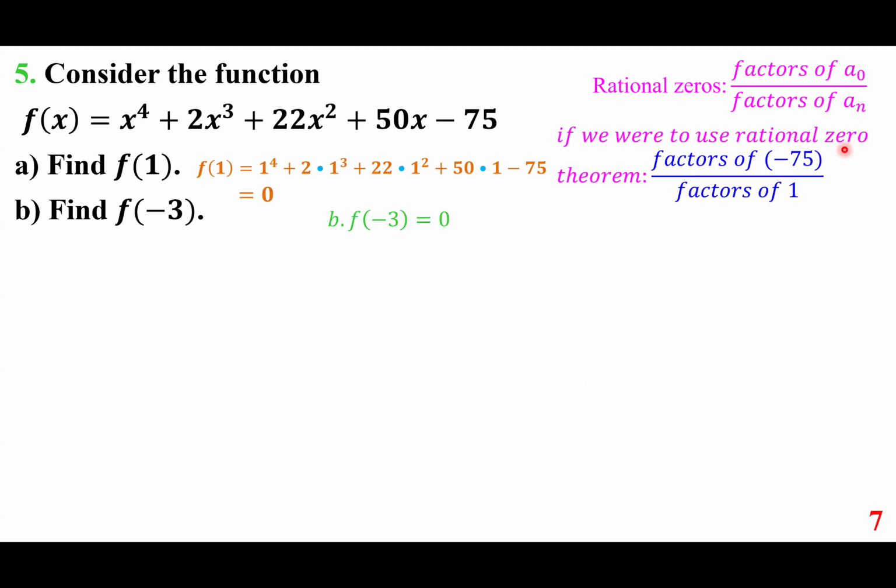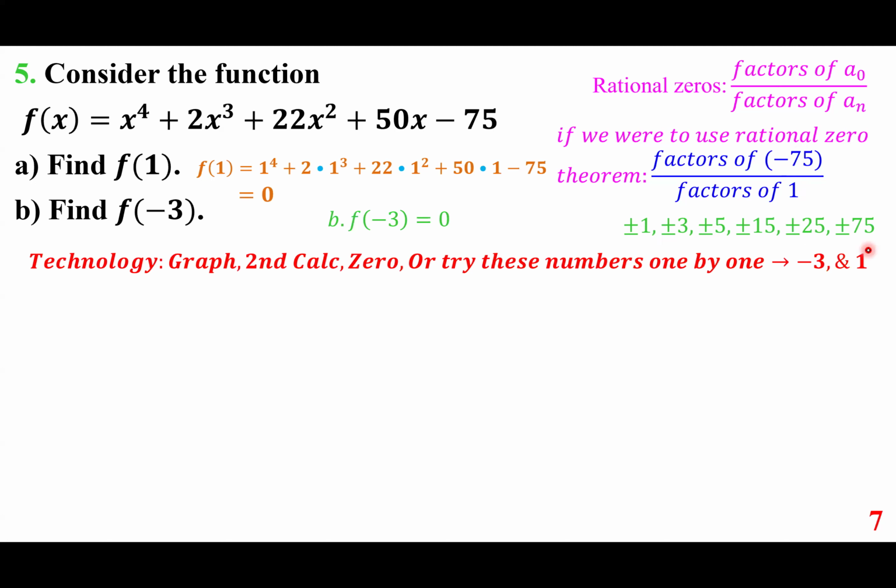If we were to use the rational zero theorem, the candidates would be factors of negative 75, which is the constant, over factors of 1, and of course, factors of 1 are plus minus 1. So just factors of 75, which are plus minus 1, plus minus 3, plus minus 5, all the way to plus minus 75. And you have to check them out if you were to do that.